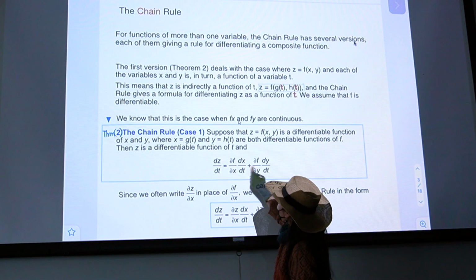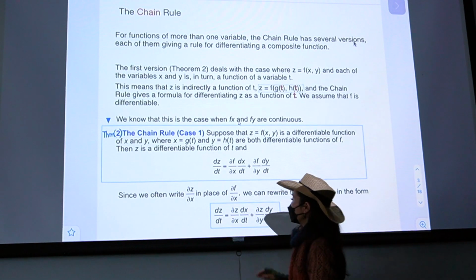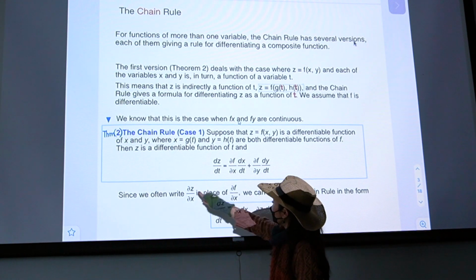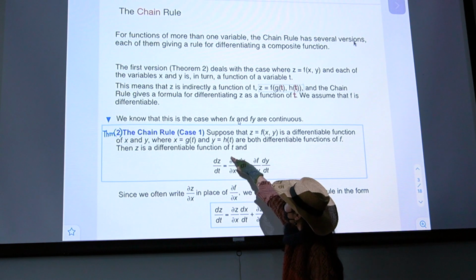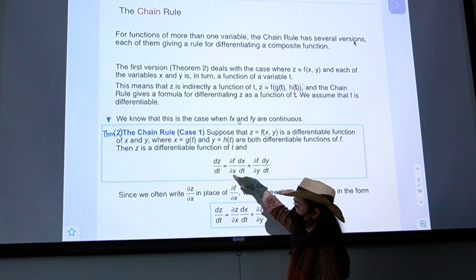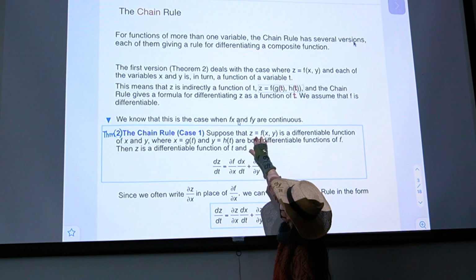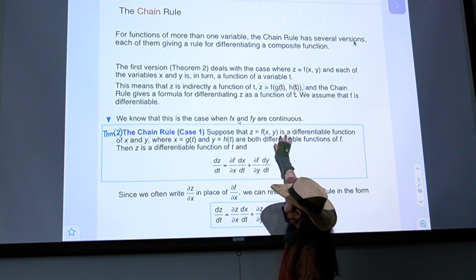Okay, so you add these two together. It's the rate of change of z with respect to t. Since we often write partial z/partial x in place of partial f/partial x, because z is this function, z is equal to the function f of x, y, right?